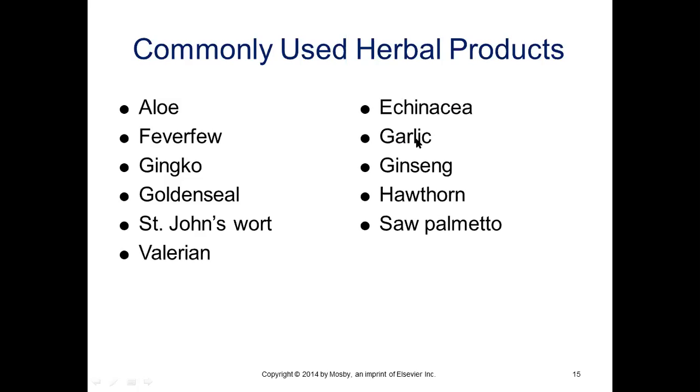We use garlic as a spice in cooking. Garlic may decrease cholesterol, blood pressure, or glucose level. Garlic has antibacterial and antifungal properties, and it also improves the circulation.